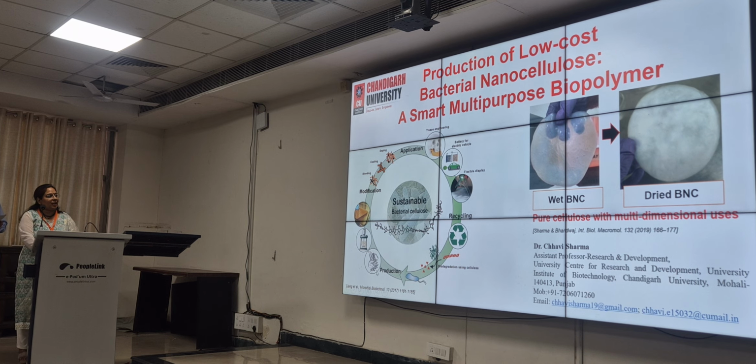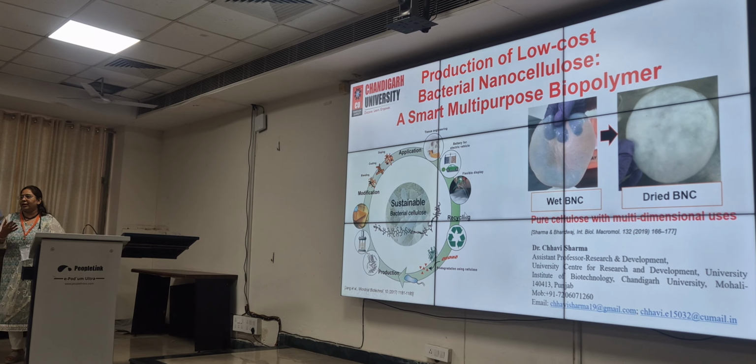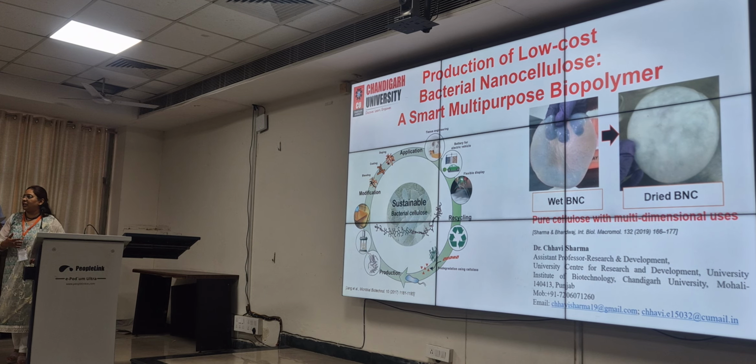This cellulose can be modified in a number of ways, and it can be applied to make different bioproducts that have applicability in different techno-industrial fields. Moreover, we can recycle this nanocellulose. We can use it for the further production of the bacterial nanocellulose, as well as recycle the bioproducts developed from the bacterial nanocellulose.